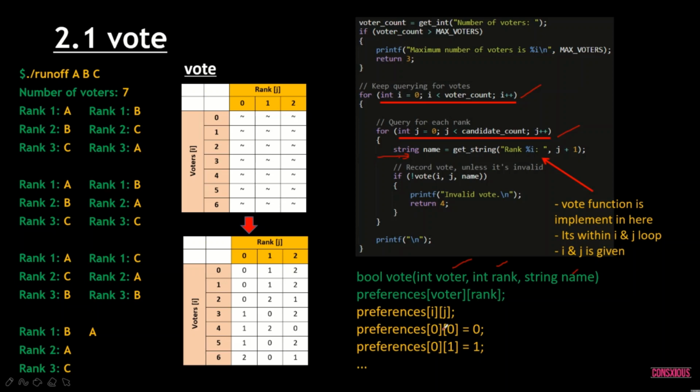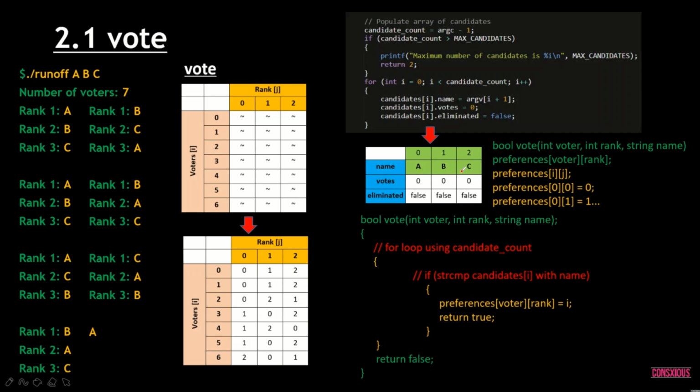So what we're going to do is basically preferences 0, 0, 0. This is candidate, this is candidate. From these distribution code, we already have a table here, A, B, C, and 0 and false. So how do we update the preference? Basically, in this function we do a for loop through the candidate count.